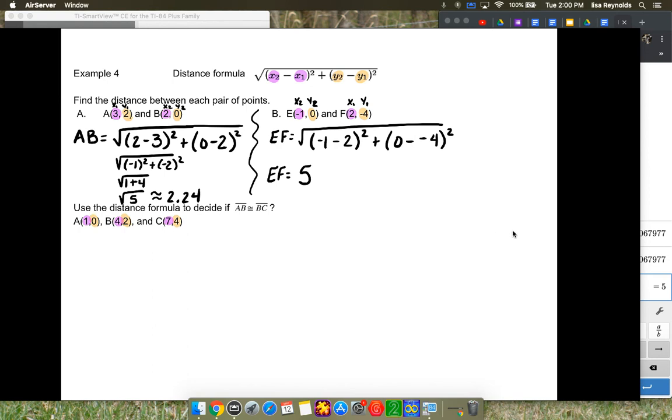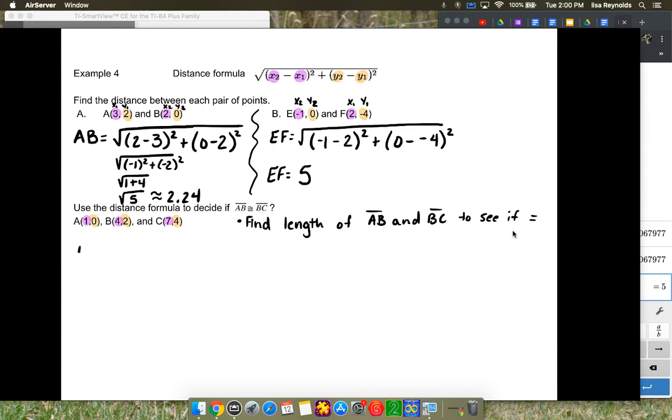In the next question, we're told to use the distance formula to decide if segment AB is congruent to segment BC. So we need to find the length of AB and BC to see if they're equal.